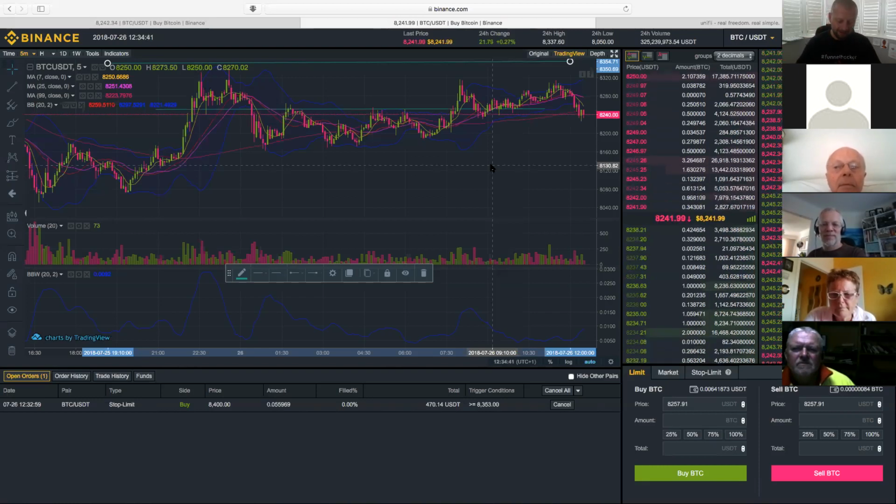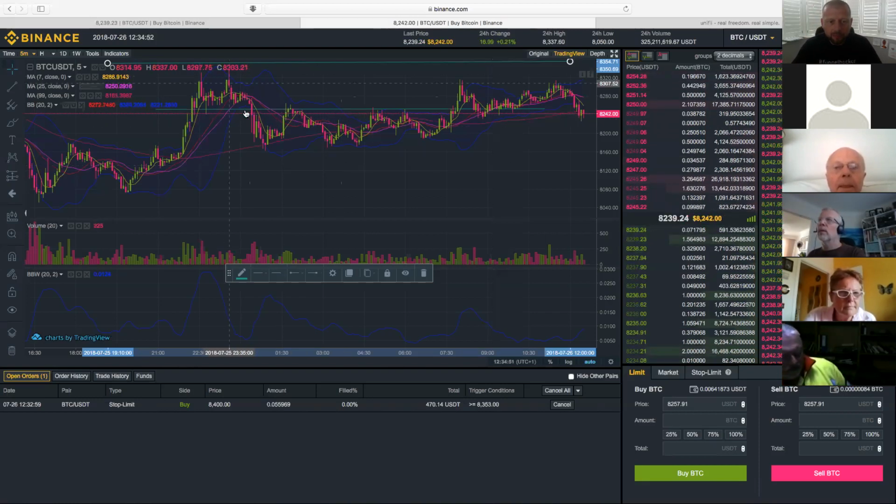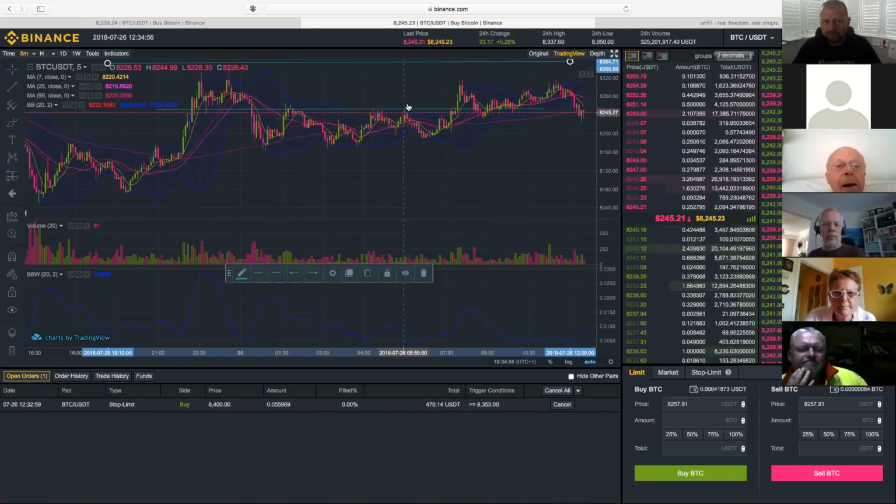That's 2% breathing room. Does that make sense? So we're allowing the value of Bitcoin to breathe. We're allowing it to move. We're allowing it to find its support and resistance levels.